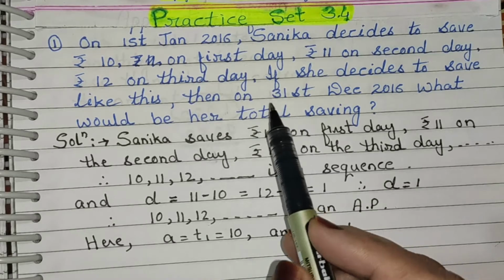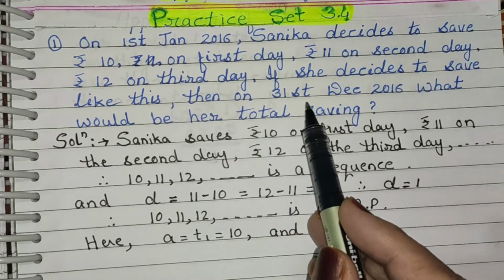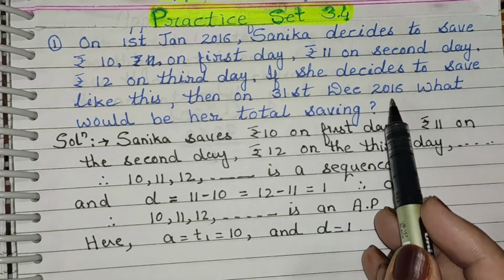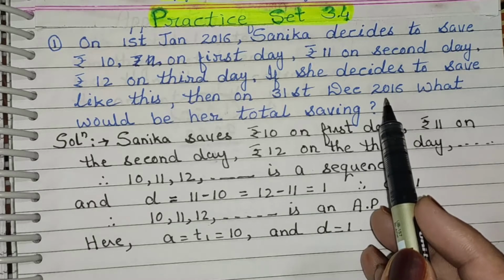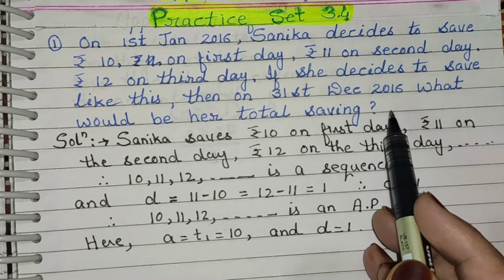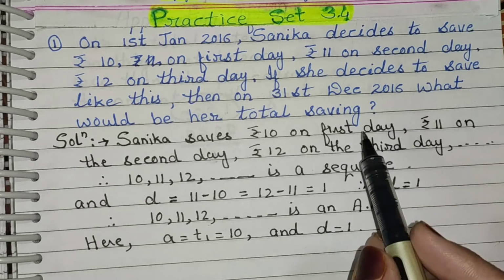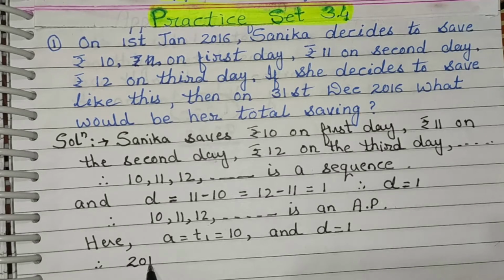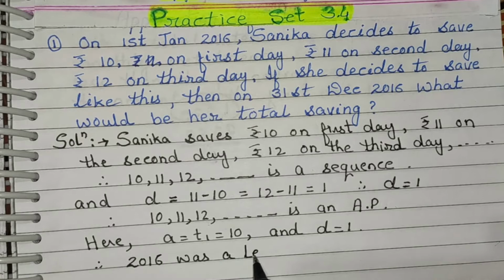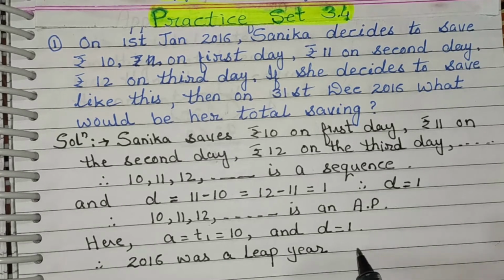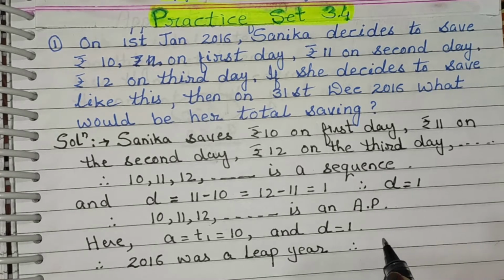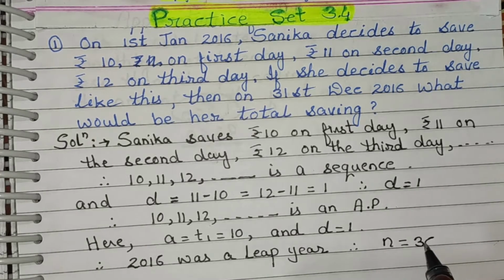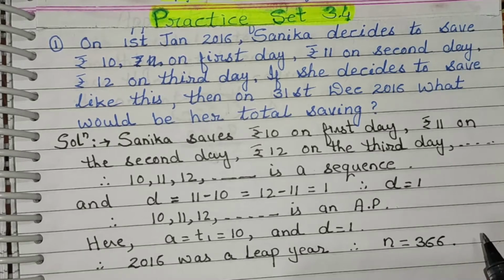Now look at the question. On 31st December 2016, the year 2016 was a leap year, and a leap year has 366 days. Therefore, the value of n is equal to 366.